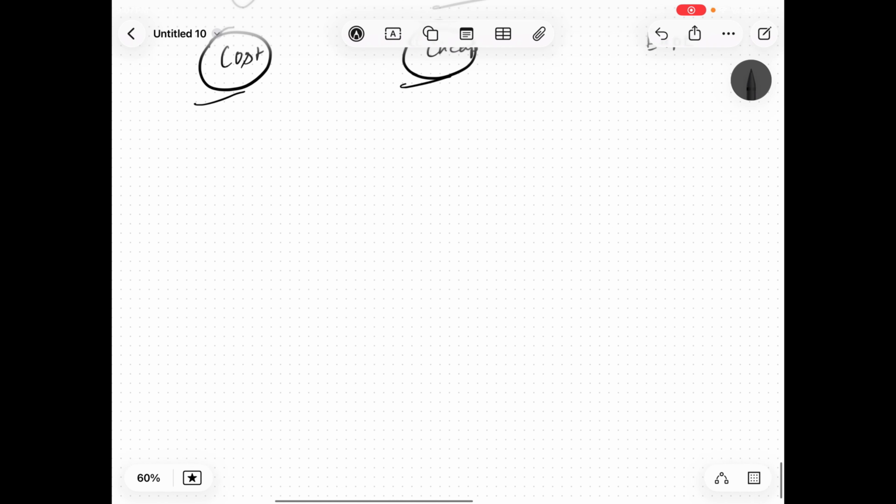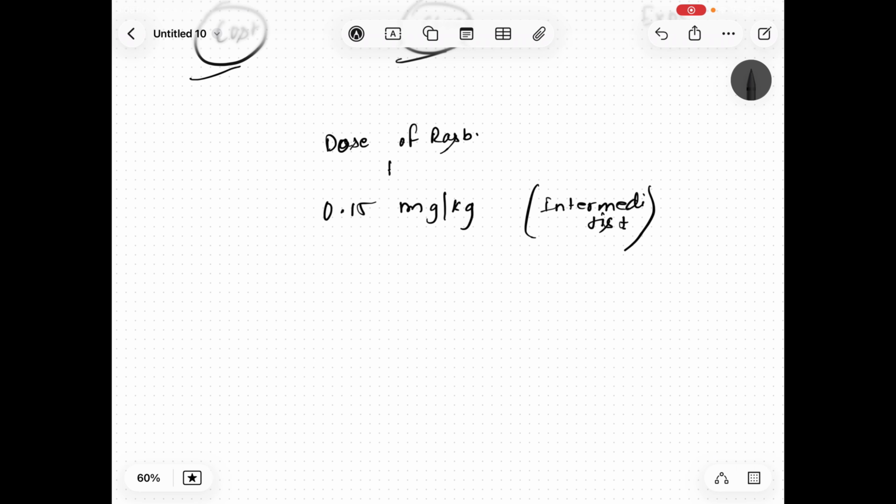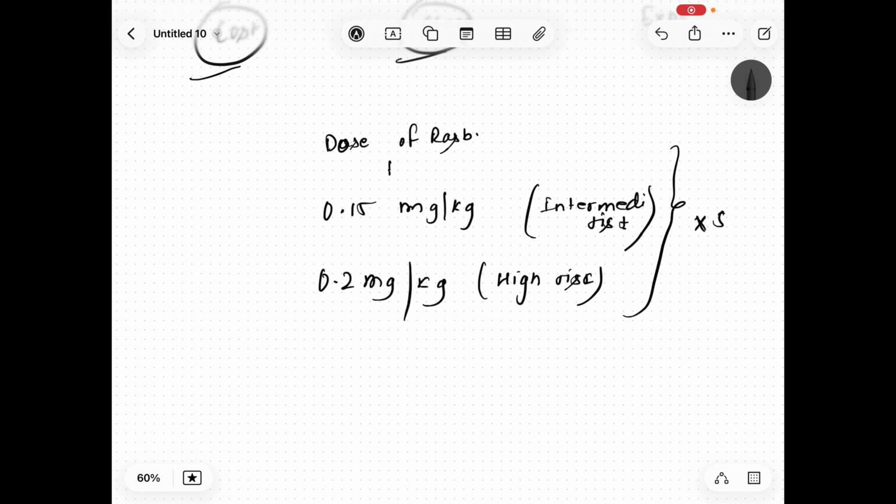Now dosing of rasburicase. What is the dose? It is 0.15 mg per kg in case of intermediate risk, and 0.2 mg per kg in case of high risk. This is to be given for 5 to 7 days.